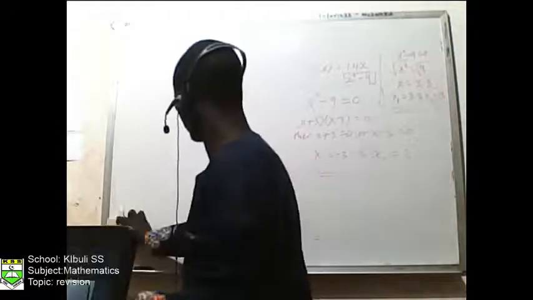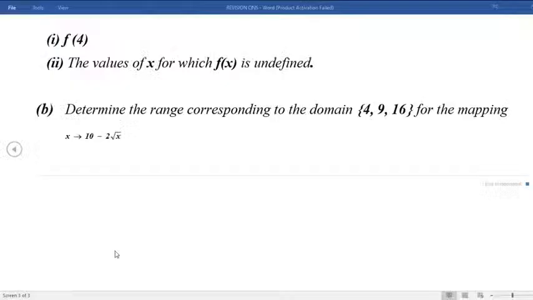For part B, they are telling us to determine the range corresponding to the domain, this and this, for the mapping x is mapped onto 10 minus 2 under the square root of x.